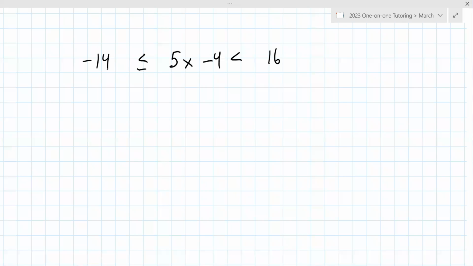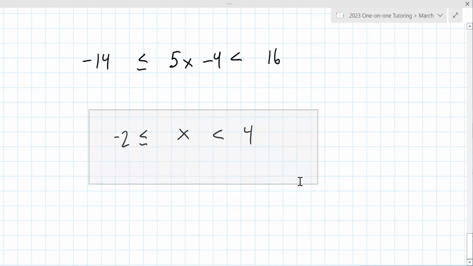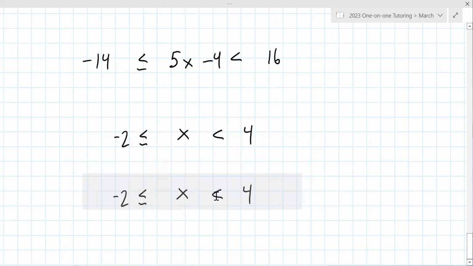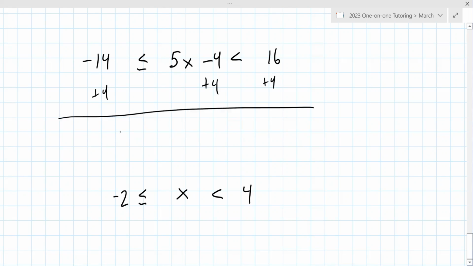Would it be -2 is greater than or equal to x, which is less than 4, or would you keep going? When you say keep going, what do you mean by that? Because this is looking pretty good, and I'm just curious what you mean. Go ahead and finish your thought, because at some point you divided by 5 here to get each of these numbers.